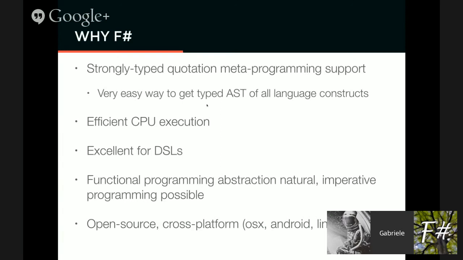It is really excellent, given its hybrid nature, to create domain-specific languages, because we have a lot of constructs that we can reuse, changing the interpretation of the construct itself. So we have a lot of things that we can compose and that we can use. And also, it's open source, it's cross-platform, and it's free.